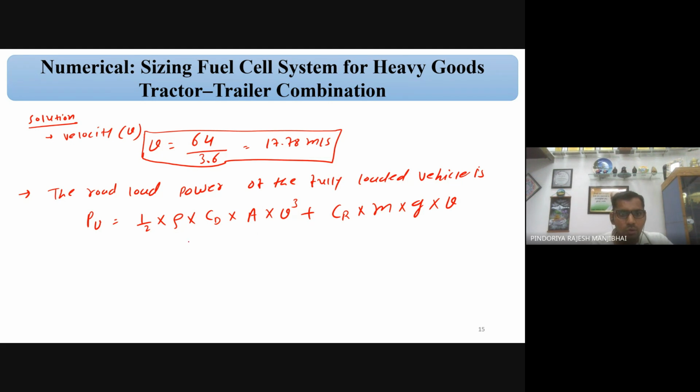We have to put in all the values: 1 by 2, rho is given as 1.2, CD is also given as 0.7, area is also given as 10, velocity we already calculated as 70.78 cube, and CR is given as 0.08, mass is given as 36,280 into gravitation 9.8, into velocity 70.78.